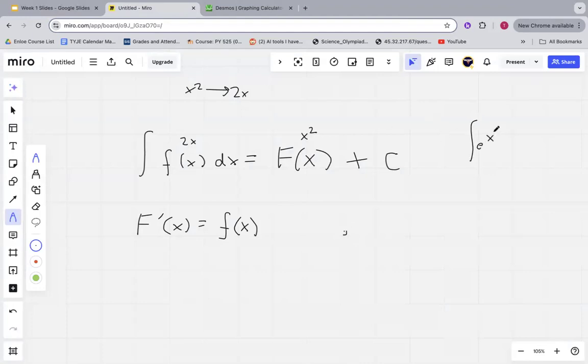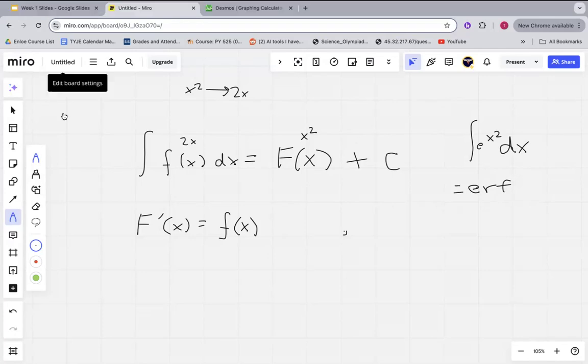We don't know what this is, or actually, it's that we can't write it in terms of sines, cosines, natural logs, exponentials, polynomials. The best we can do is define a new function for it, and in this case it's called the error function. But a lot of times there's literally no solution.